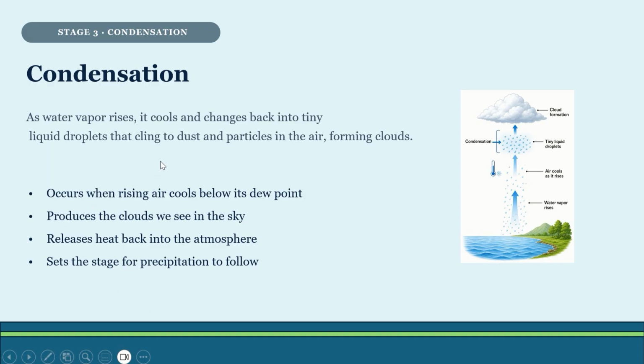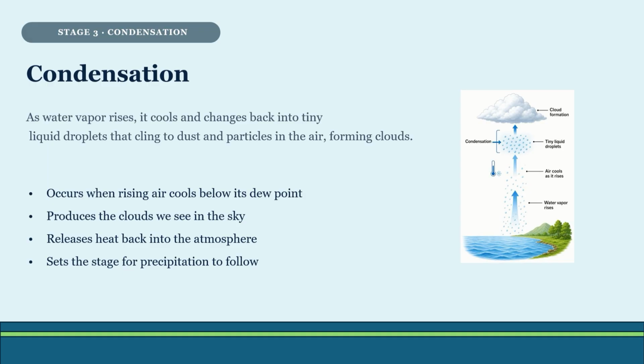And the last point is that it sets the stage for precipitation. So the clouds that we have been seeing in the sky are in the condensation stage. I hope you understand. Okay.